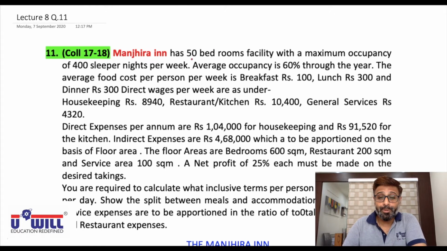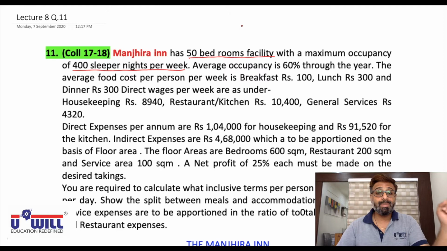Manjira Inn has 50 bedrooms facility with a maximum occupancy of 400 sleeper nights per week. I already explained in the last lecture how 400 is possible from 50 bedrooms, so I am not explaining in detail again.